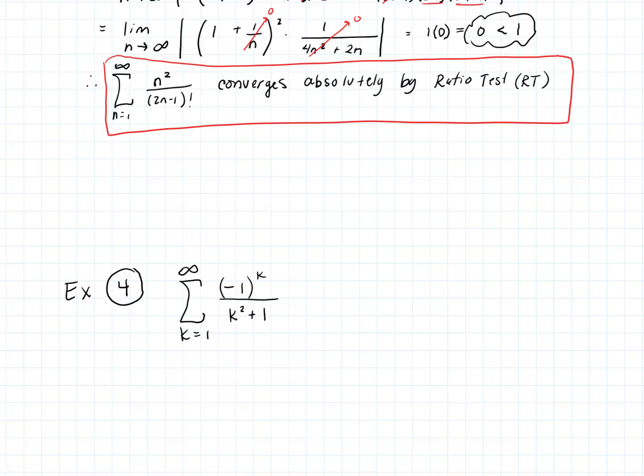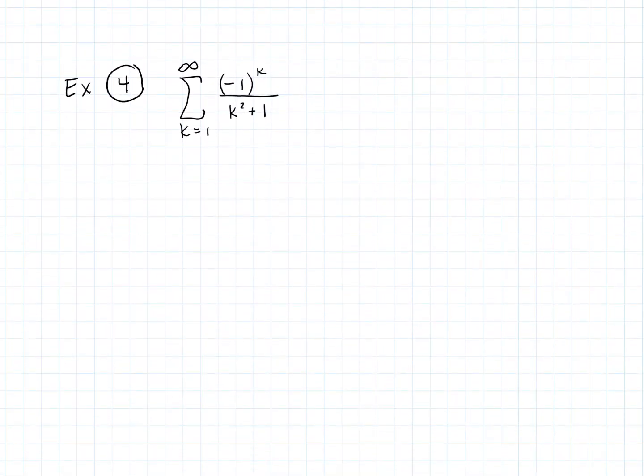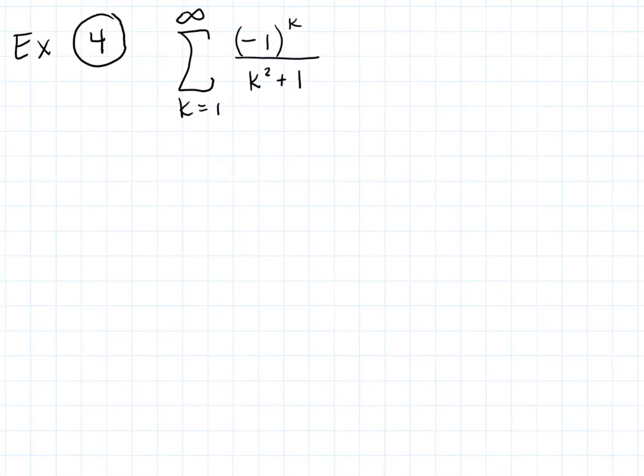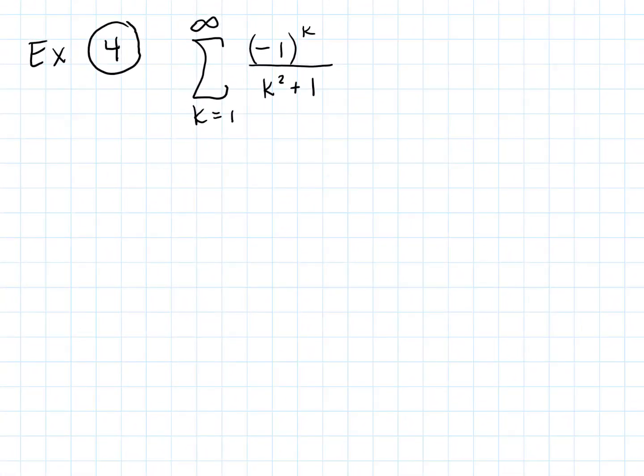Okay, let's look at another one. So if I were to come across a problem like this, here we've got negative 1 to the k over k squared plus 1.